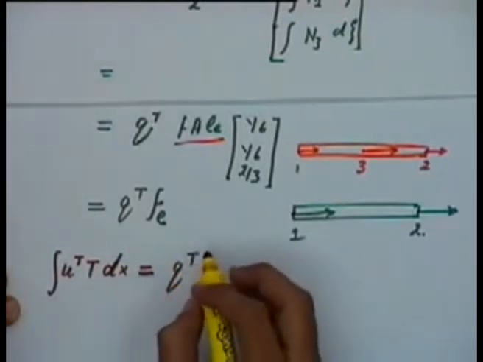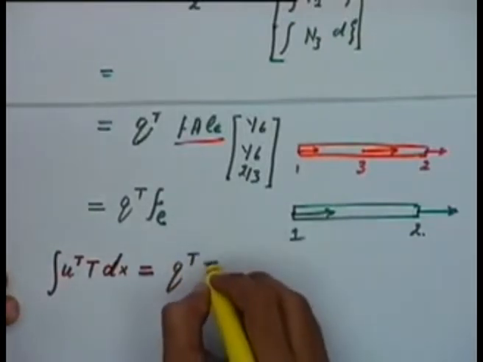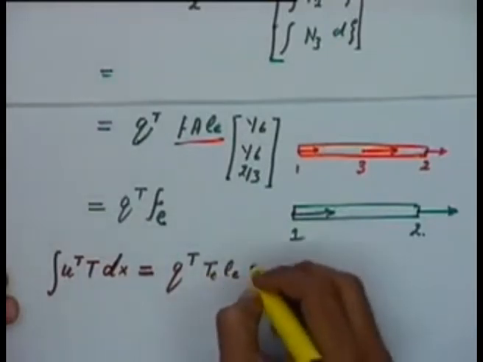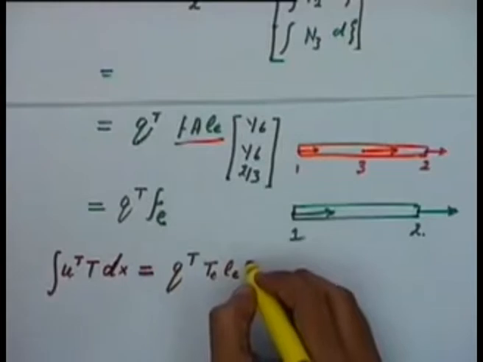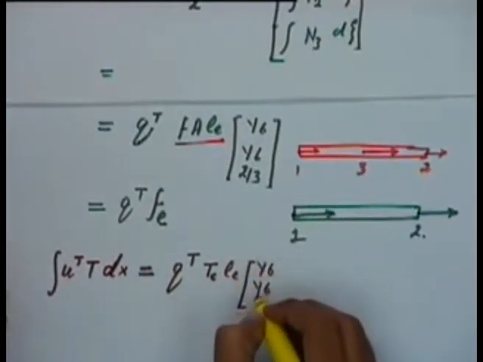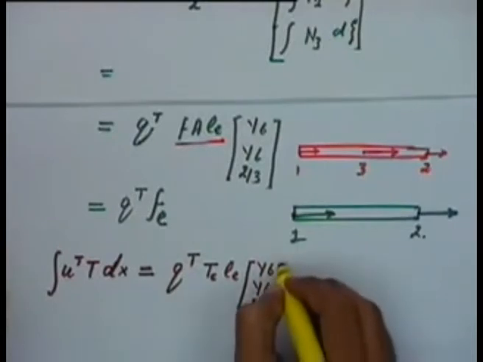This will be equal to Q transpose into the tractive force on the element into the length of the element, multiplied by 1/6, 1/6, 2/3.